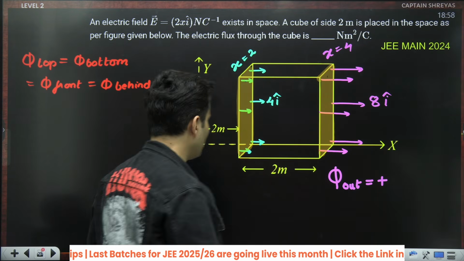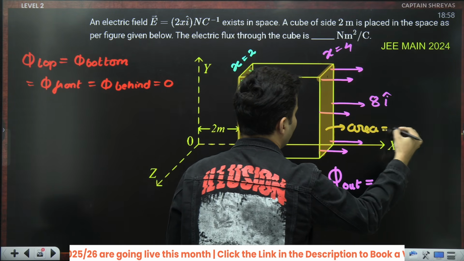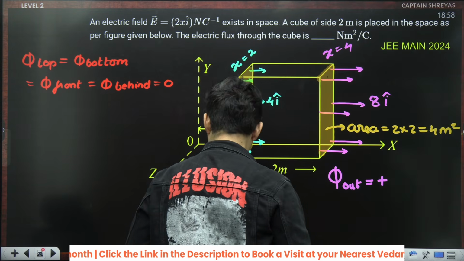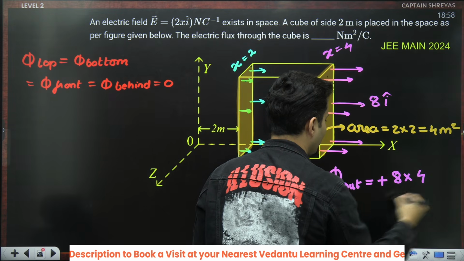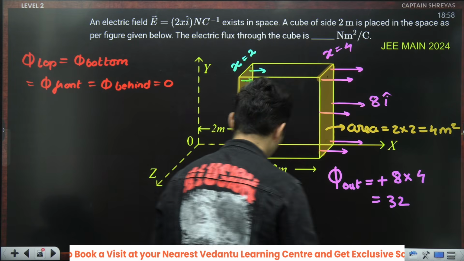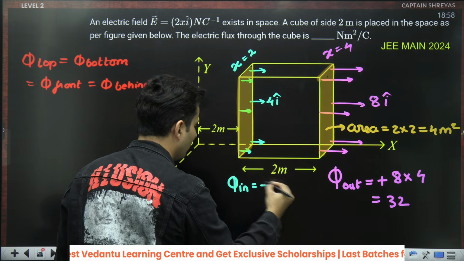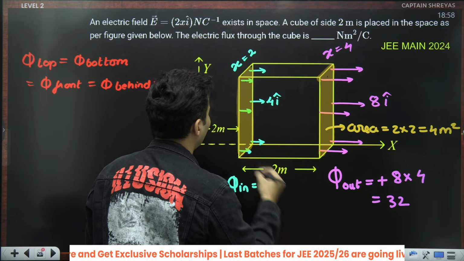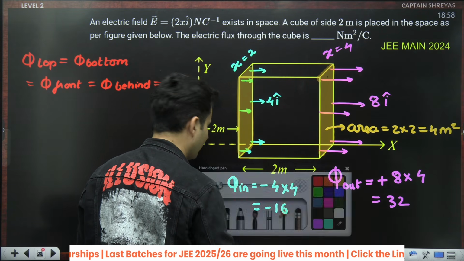Side length is 2. So what is the area? The area will be 2 into 2, which is basically 4 meters square. So hence it will be field multiplied by area, which is basically 32. Whereas over here, the flux is coming in, hence it will be negative, and area is still 4. Field is 4. So 4 into 4, so that's minus 16.